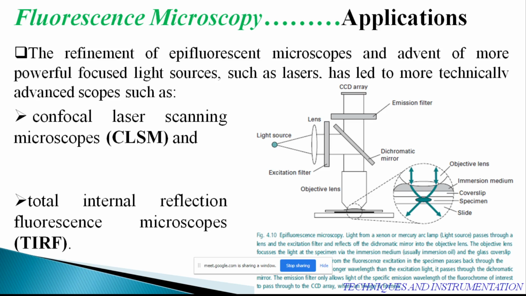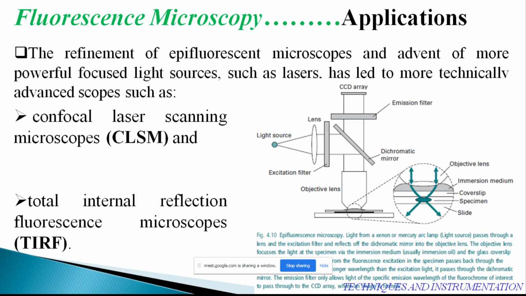As far as CLSM is concerned, it stands for confocal laser scanning microscope. These are invaluable tools for producing high resolution 3D images of subsurfaces, more often in specimens such as microorganisms.